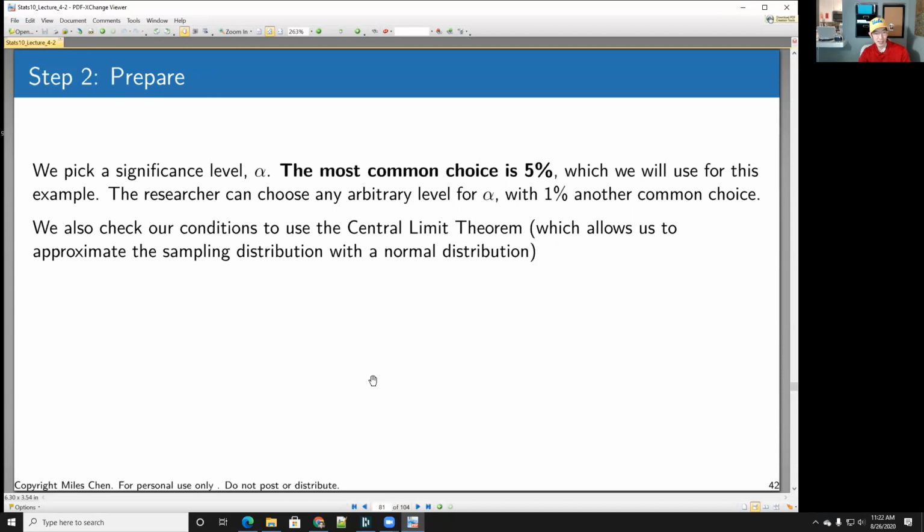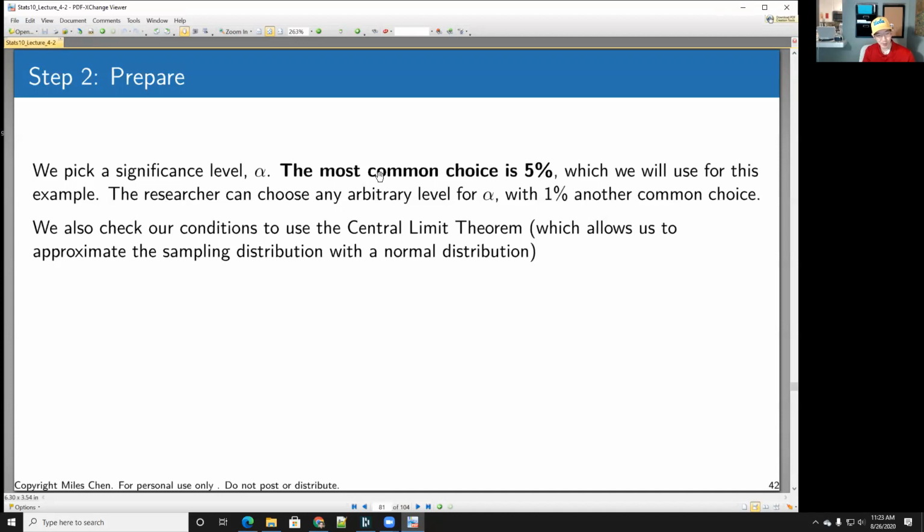Okay. So anyway, what we're going to do is pick a significance level, and the most common choice is 5%. Now, how do we come to 5%? I don't know. This is just something that has been agreed upon. I think it's because we have 5 fingers that we said 5%.